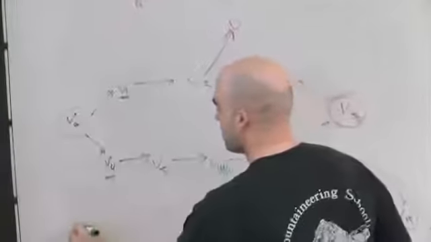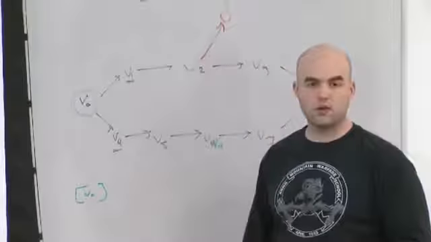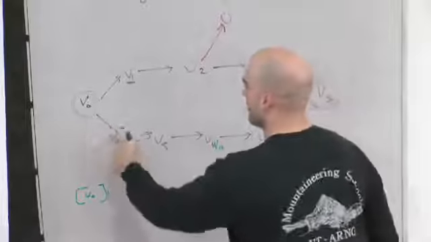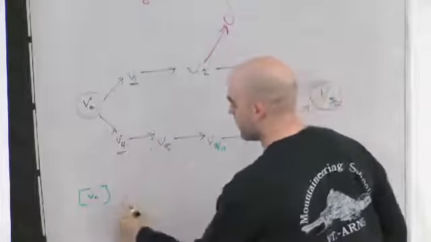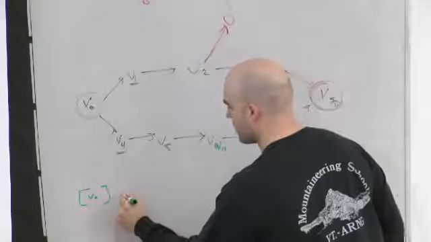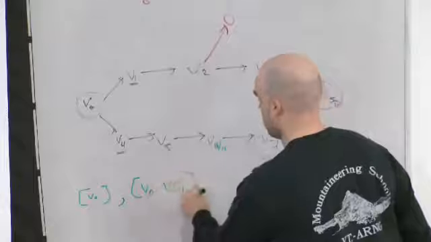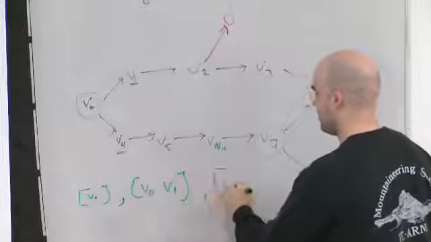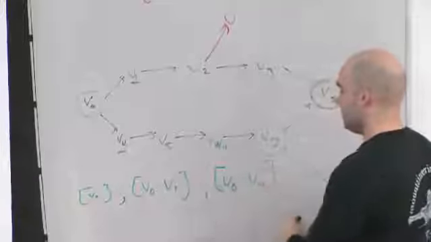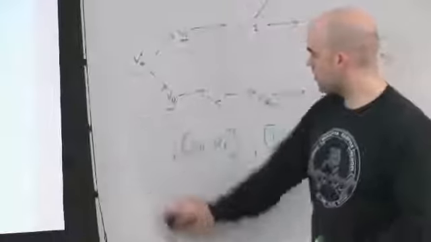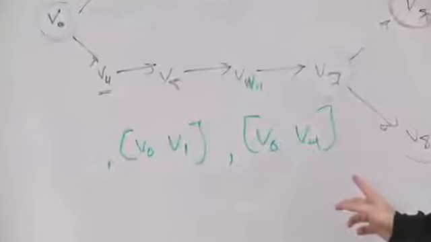I'm at V0, so my current partial path is V0. Then I'm going to look at V1 and V4. And so I'm going to say, now this is my list of partial paths to the goal.